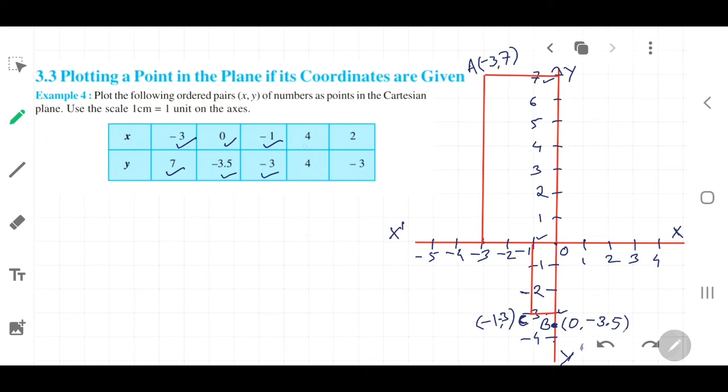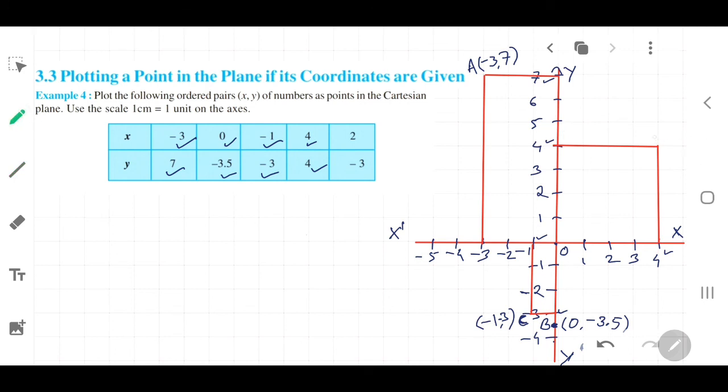Check the next. X is 4, y is also 4. So x 4 we already got here. Here x 4 and y 4 will be here. Correct? So you find out the coordinate. So it will come till here, and from 4 also you join it till here. Correct?